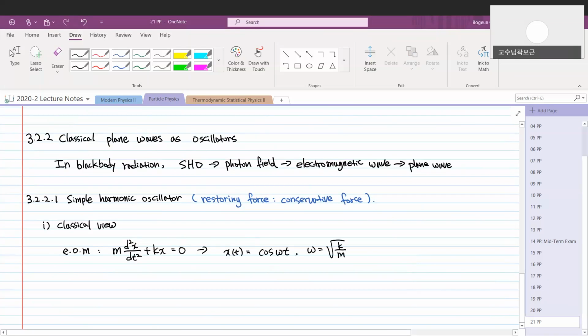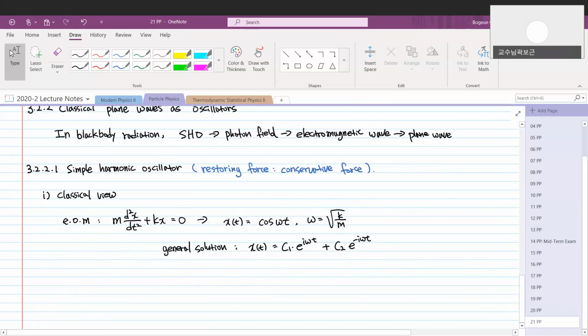And its general solution, I think you already studied this kind of solution in mechanics, is C1 e^{i omega t} plus C2 e^{-i omega t}.